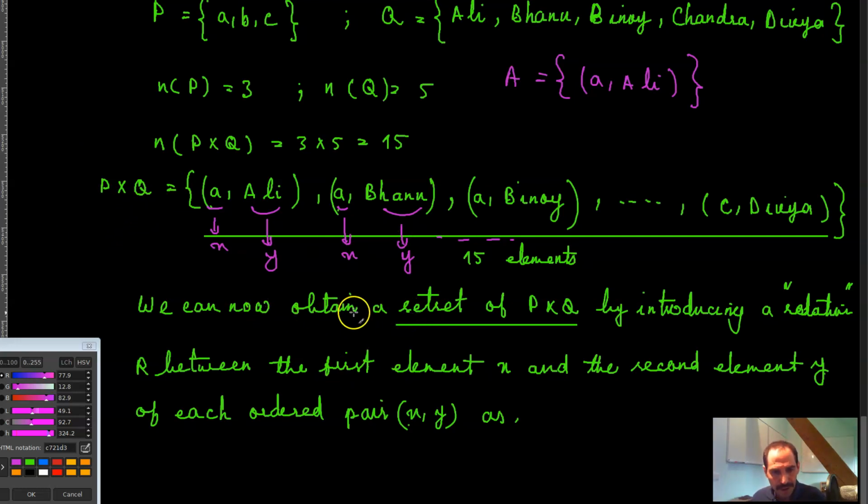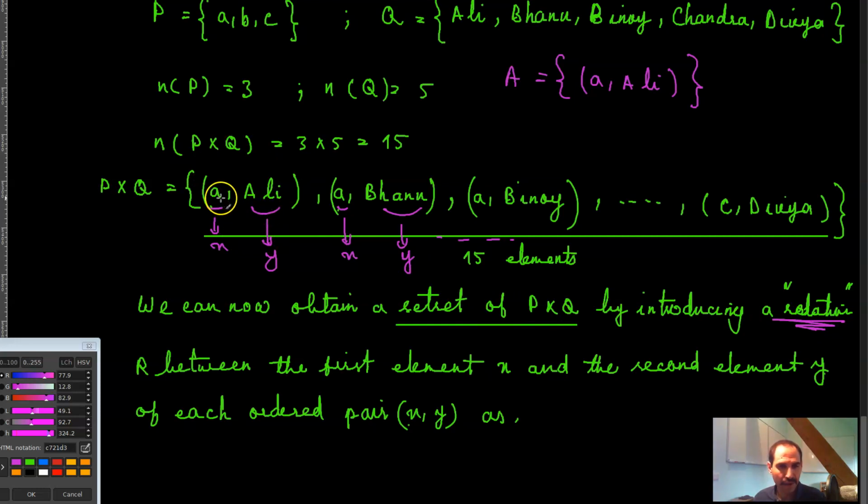So we can now obtain a subset of P times Q by introducing a relation R between the first element X and the second element Y of each ordered pair X and Y. And so that relation is basically a rule that we can define here.